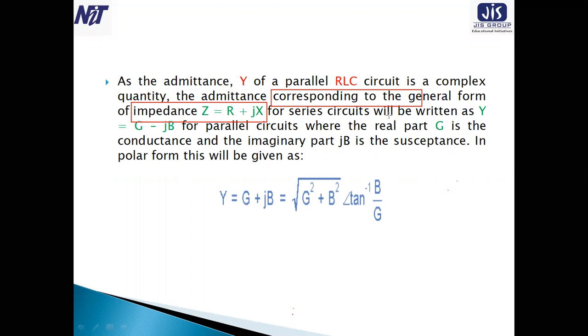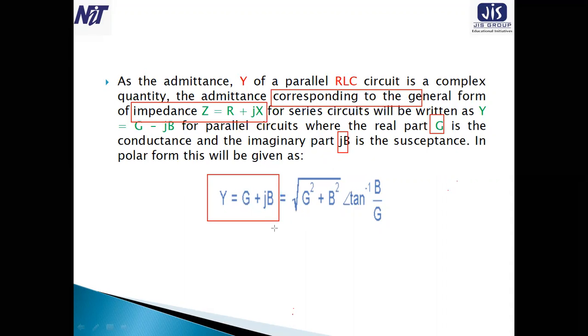For a series circuit it is written as Y equals G minus jB. For a parallel circuit, the real part is G, the conductance, and the imaginary part is jB, the susceptance. In rectangular form, x plus jy form, this will be given as Y equals G plus jB.